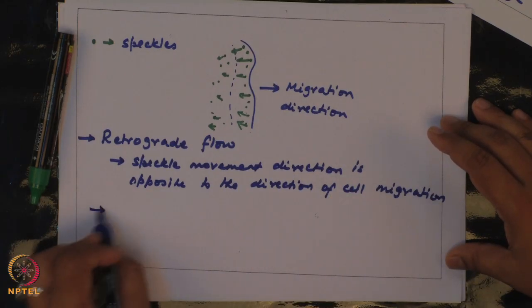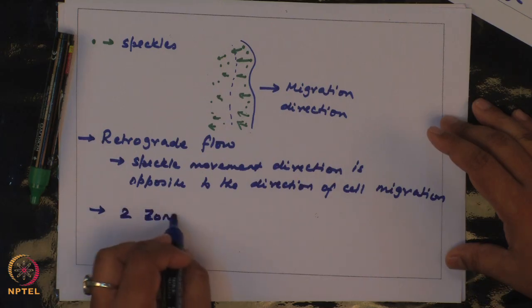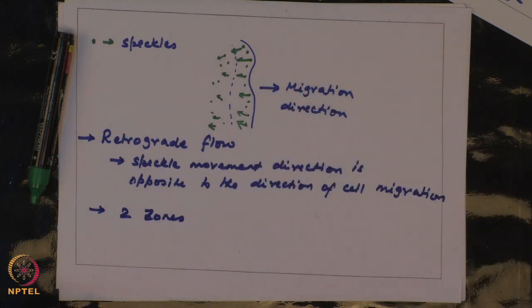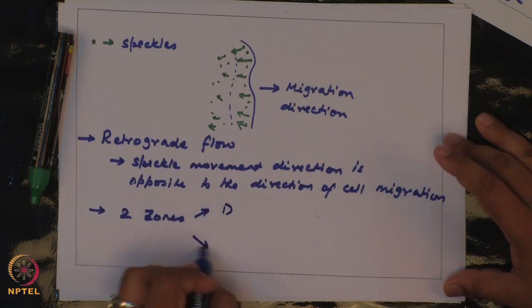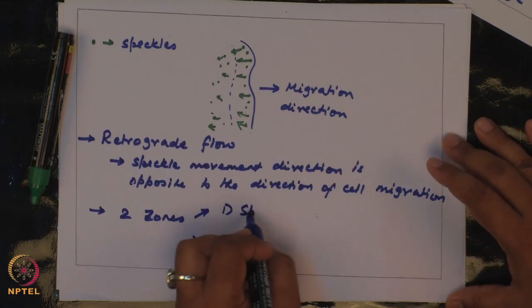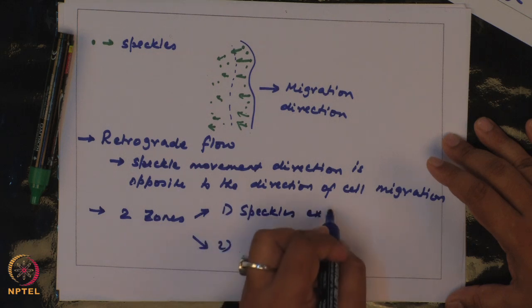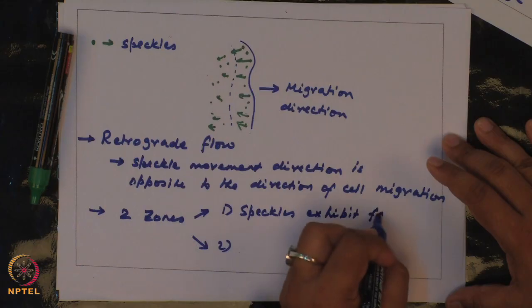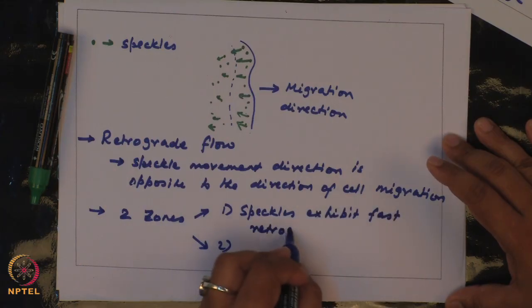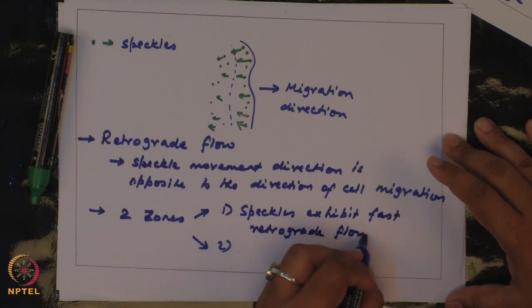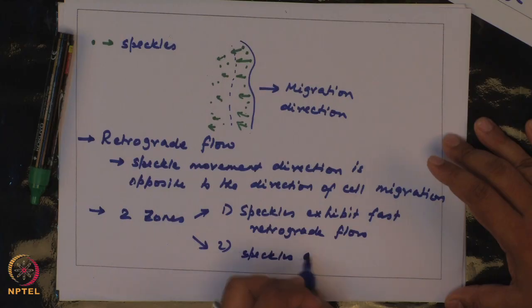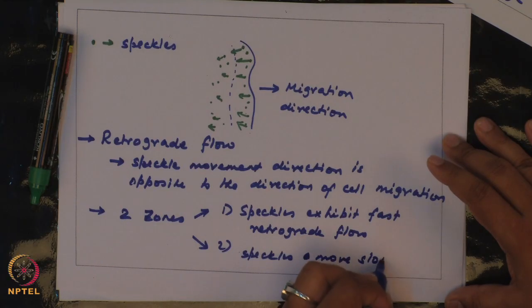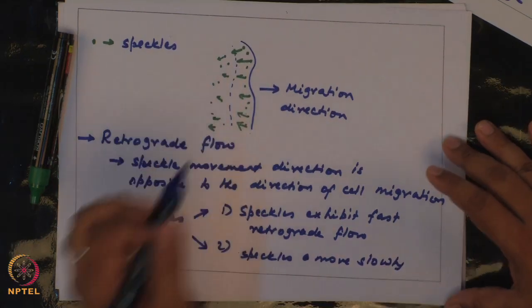But what you have are two zones. You can segregate this entire thing into two distinct regions of retrograde flow. You have one zone in which speckles exhibit fast retrograde flow, and a second one where they move slowly. Here retrograde flow is fast, here it is slow.